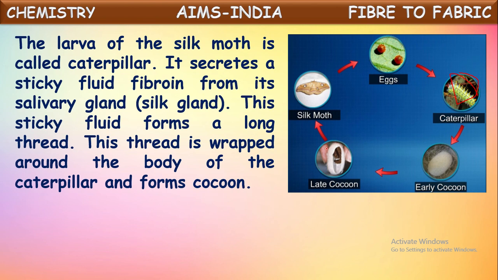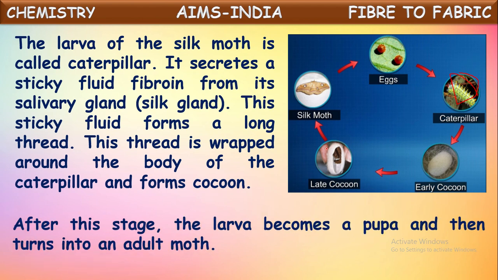How is it formed? The caterpillar releases some sticky fluid around it. This sticky fluid on drying converts into long thread. This is wrapped around its body, so that the caterpillar forms cocoon around it.